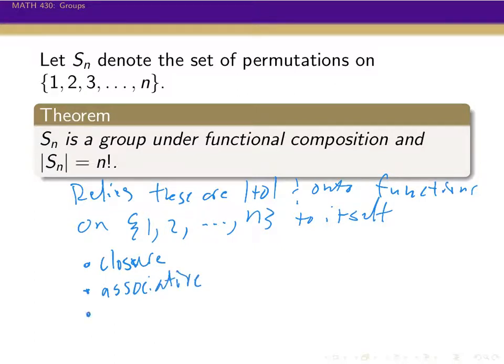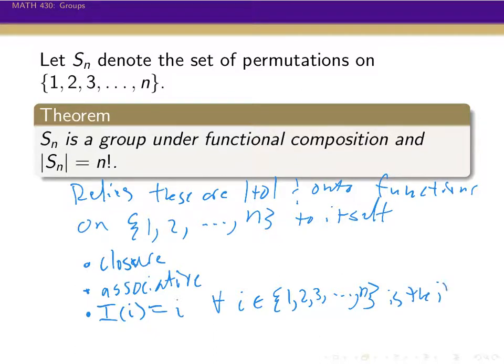There is an identity permutation, and the identity permutation just sends everything to itself. And this is the identity. It doesn't change anything.